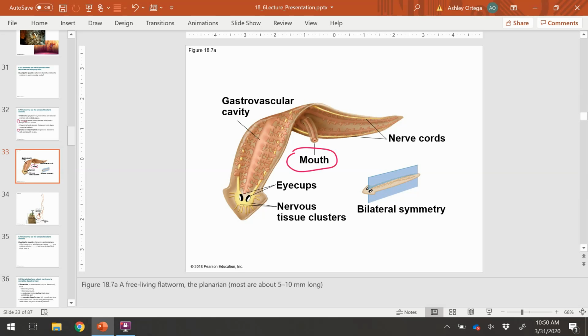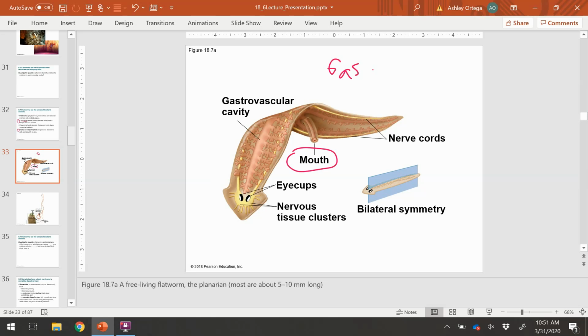This Planarian is unique in that it's very, very flat. When you see these under the microscope in lab, which we'll get to eventually, it will be very easy to see through the whole body because it's so thin. The reason it's so thin is that its skin surface does gas exchange.